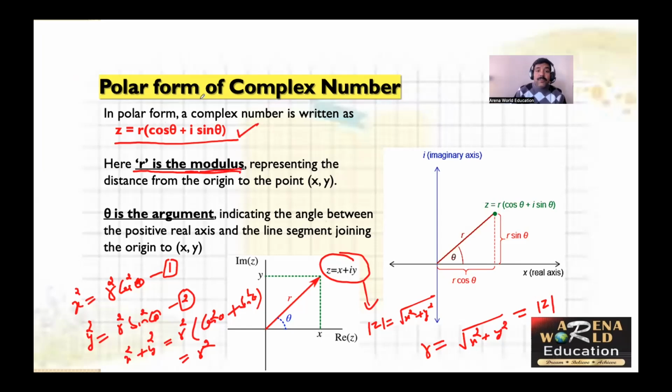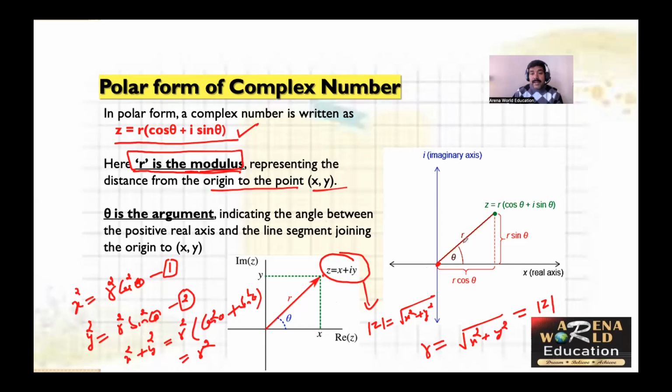Whenever we have a complex number which is written in its polar form, then always remember r is called modulus. Right? And it is simply the distance from the origin to the point x comma y, just like we were doing for this number. Right? Theta is called the argument.